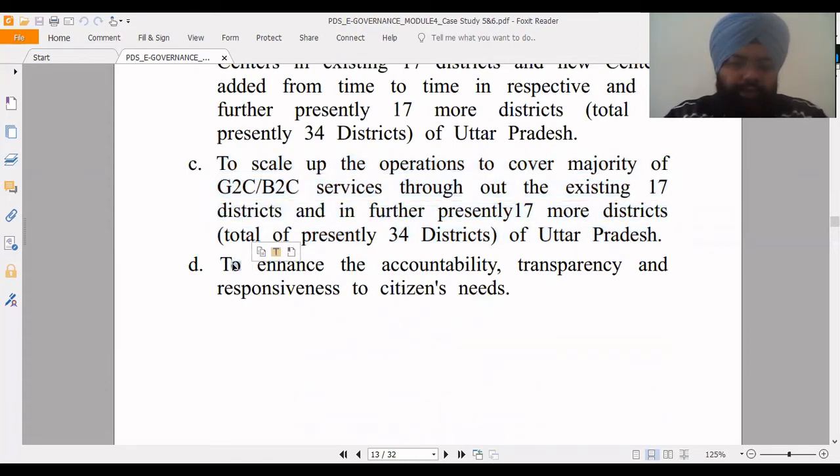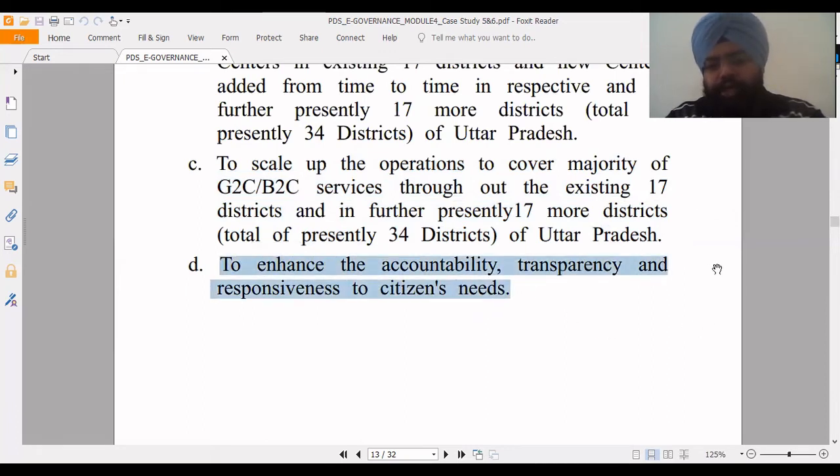Next objective is to enhance the accountability, transparency, and responsiveness to citizens' needs.